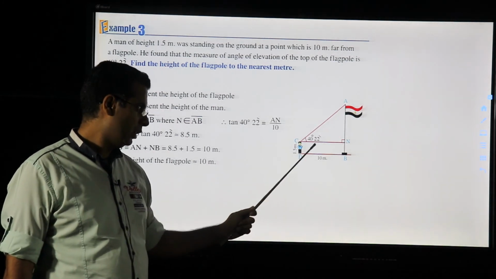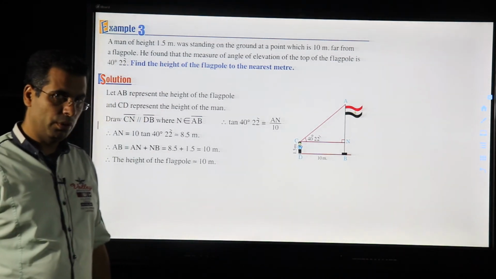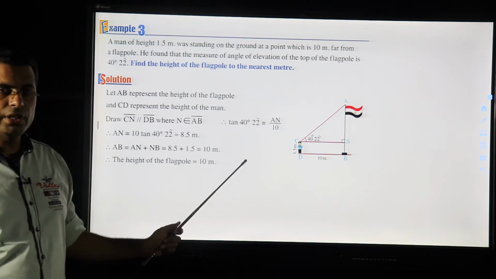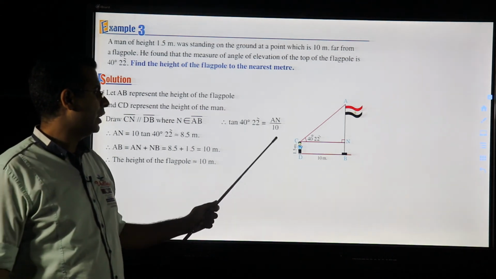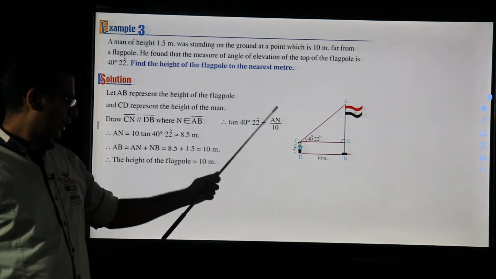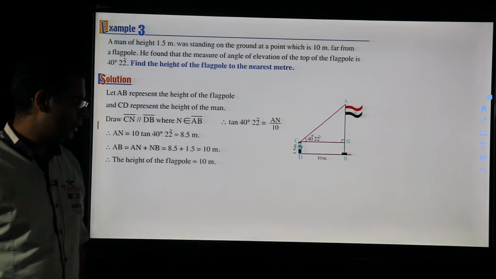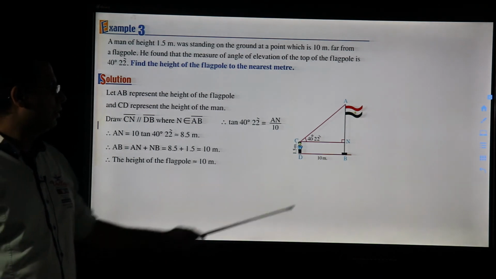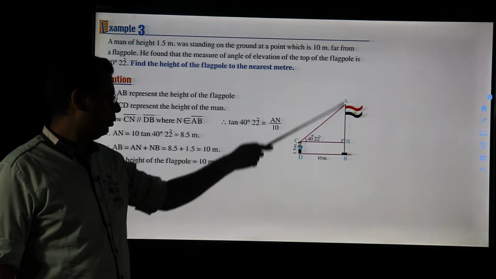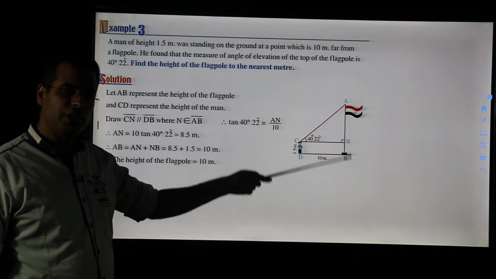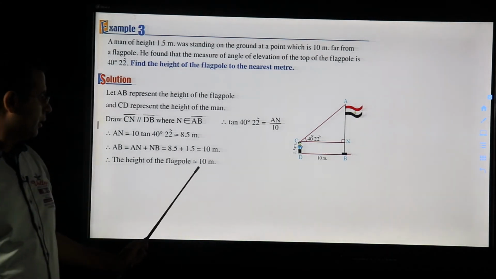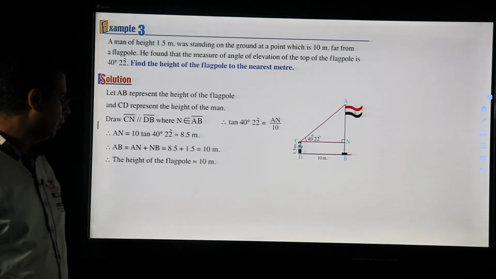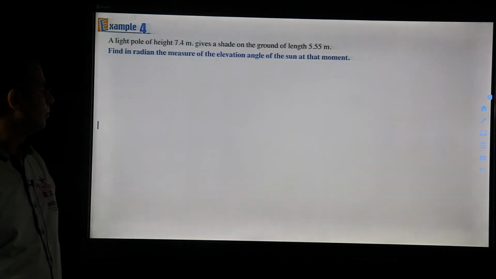We can use tan C: tan 40 degrees 22 minutes equals the opposite AN over adjacent 10. Therefore, AN equals 10 times tan 40 degrees 22 minutes, which equals 8.5. Therefore, the height equals 8.5 plus 1.5, which is the height of the man, equals 10 meters. Therefore, the height of the flagpole equals 10 meters.